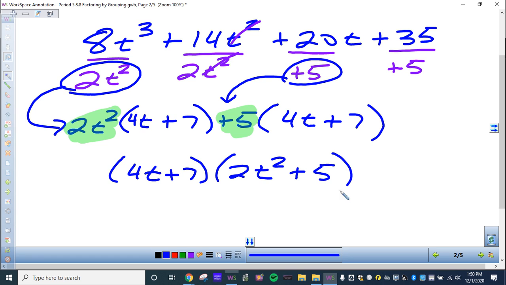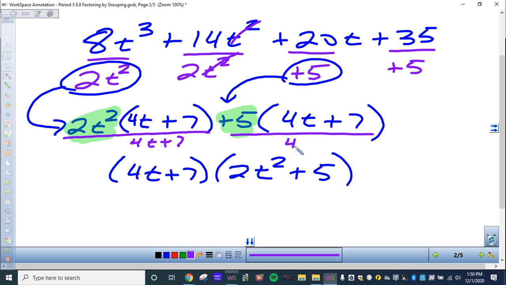Okay. I'm just confused what you did here. You've got to ask it, like, at what point? How did you get the last part? The last part? 2t squared plus 5. So the step I skipped was dividing this term by 4t plus 7.